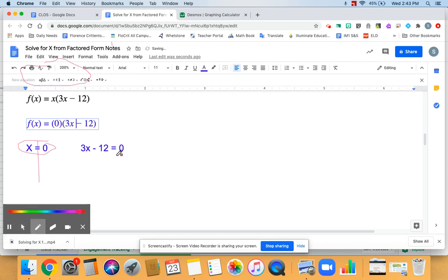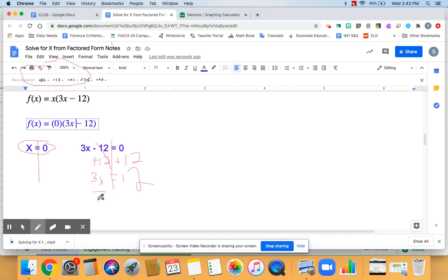To solve this one for x, which one do I get rid of first, and how do I do it? Let me get rid of the minus 12 by adding 12 to both sides. So then I have 3 times x equals 0 plus 12 is 12. And don't forget these two canceled. So finally, how do I get rid of this 3?